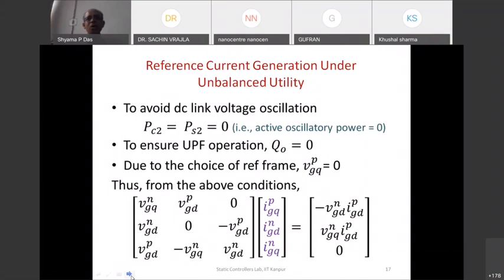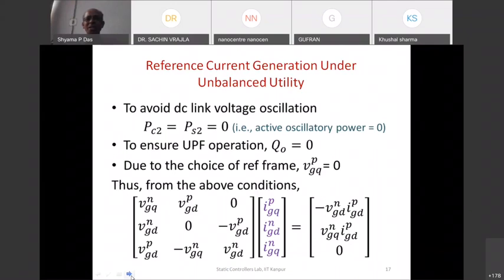And the third condition is the following, that we have chosen a grid in which the d-axis is aligned along the resultant voltage vector. So since the d-axis is aligned along the resultant voltage vector, D and Q are quadrature to each other.